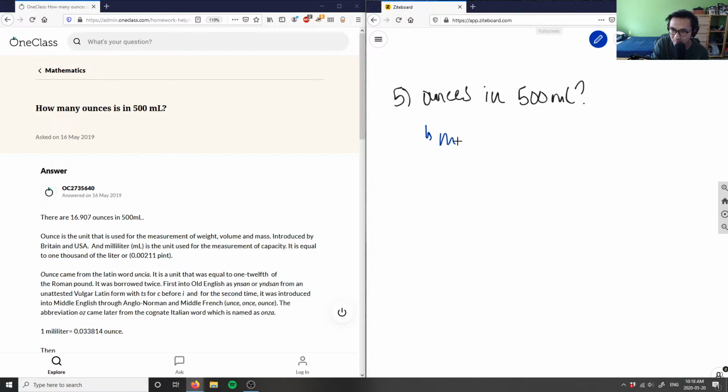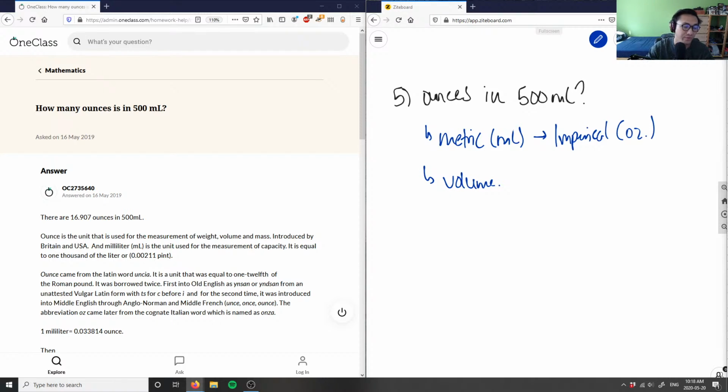So I'm going from the metric system, milliliters, to the imperial system, ounces. Both of these are measuring volume. So we have to know the conversion factor to figure out the relationship between both systems here.